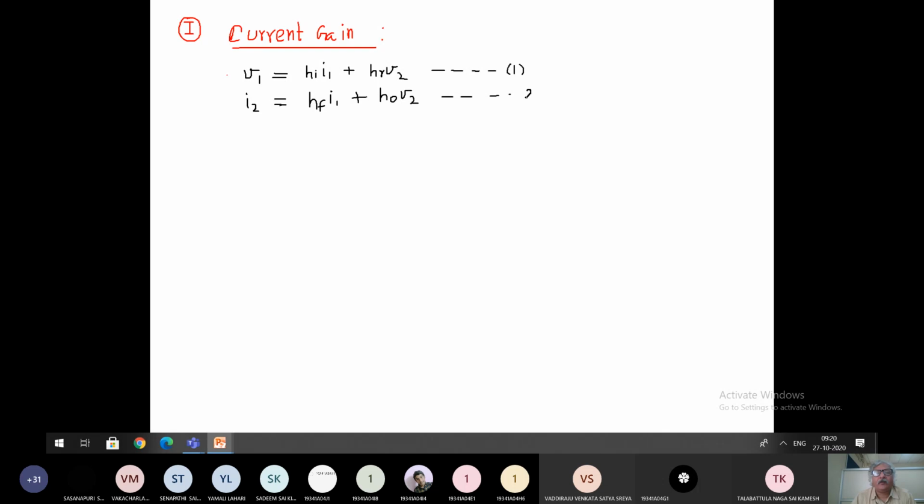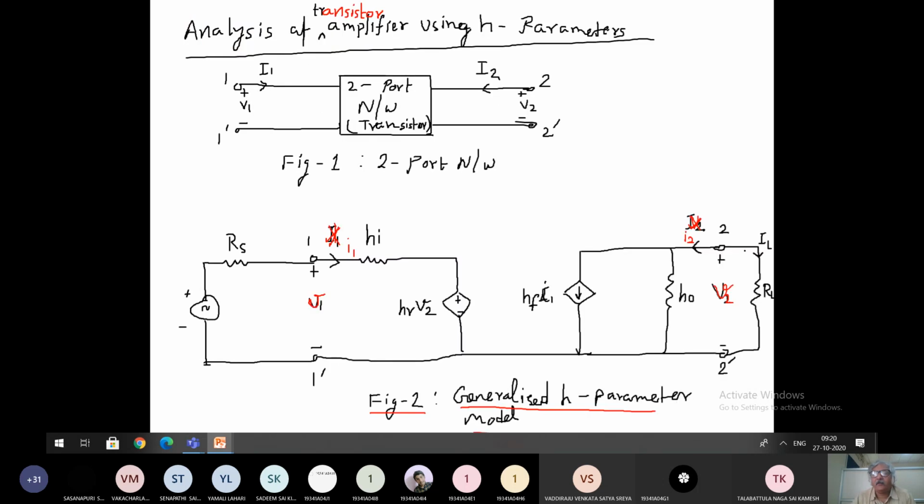This equation we got from the output section, right? By using Kirchhoff's current law. You can see here this i2 is equal to this current plus this current source. So the current source is hf i1, right?